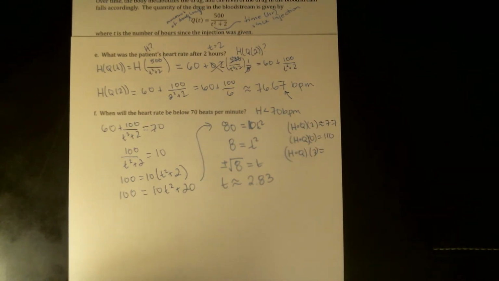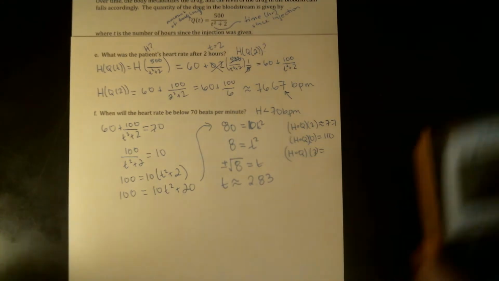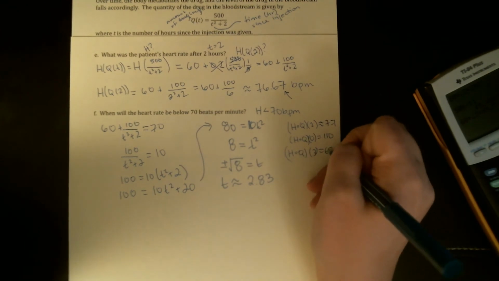So we would have 500 over 3 squared plus 2, so 9 plus 2 is 11. 500 over 11 will give us about 45.5. If we then plug that in, we get 69.1. Okay, so I think we're on the right track.